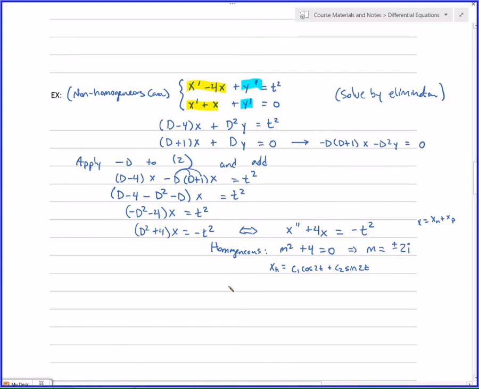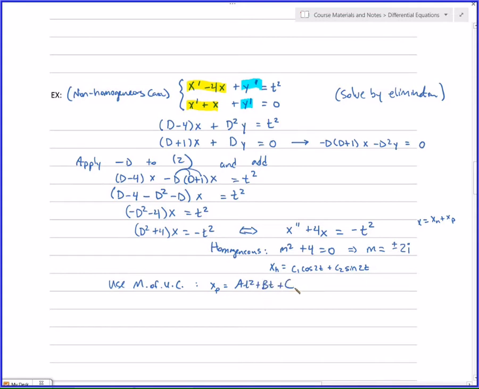Okay, so for x sub p, let's use method of undetermined coefficients, also known as the guessing method. What is x sub p going to look like? At squared plus bt plus c.